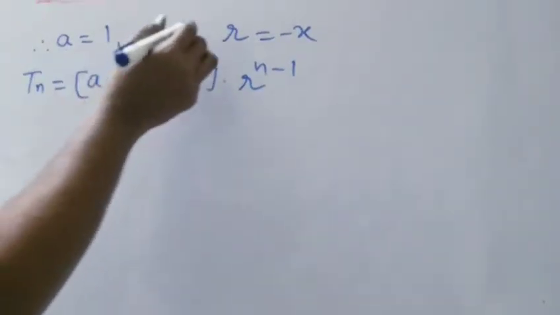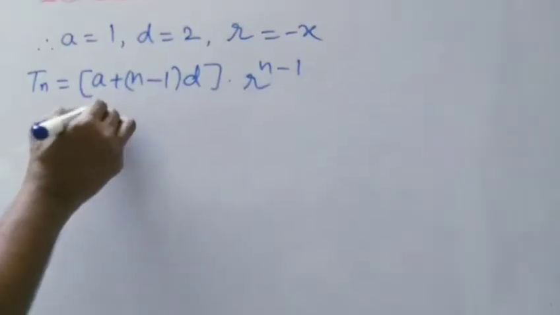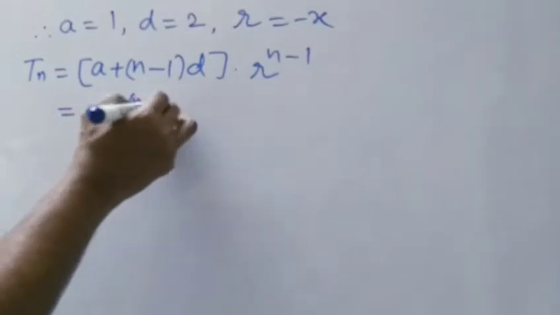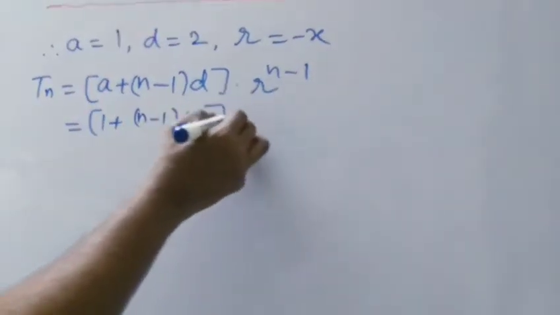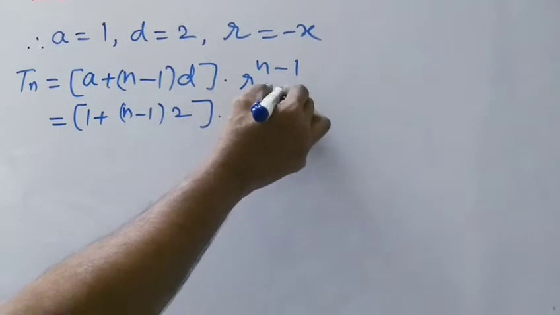On substituting these values in this formula, Tn is equal to 1 plus n minus 1 into 2, into minus x whole to the power of n minus 1.